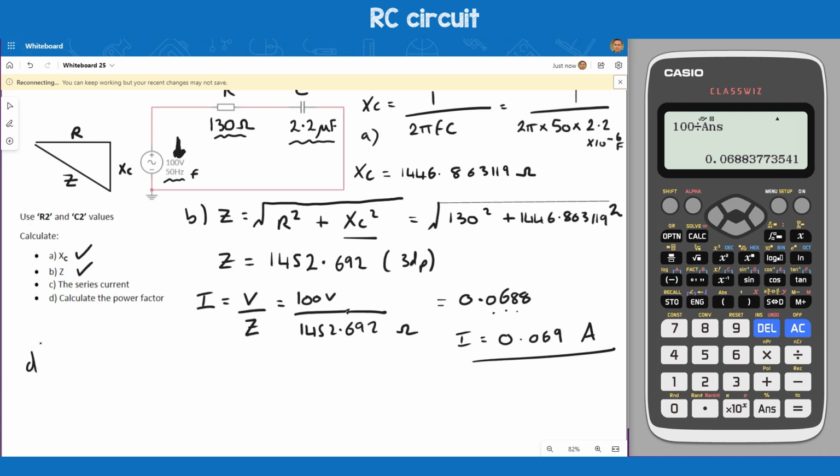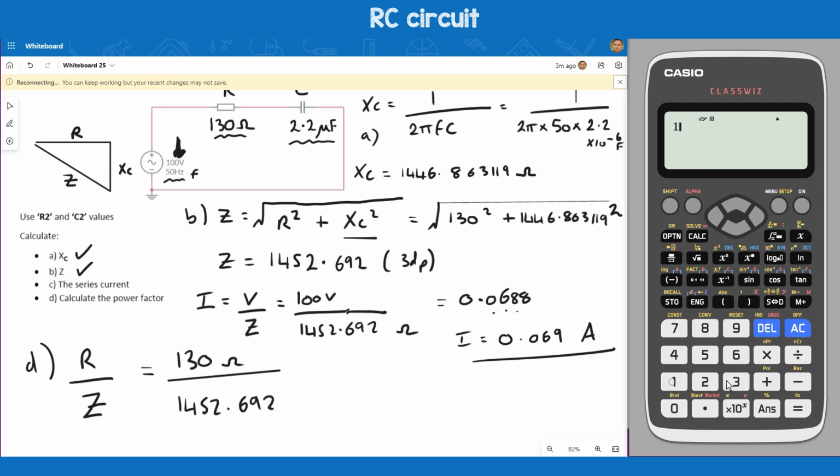Now the power factor is always going to be, whether it's a RC, RL or RLC circuit, the adjacent divided by the hypotenuse, or the resistance divided by the impedance. It's going to be 130 ohms divided by Z, 1452.692.